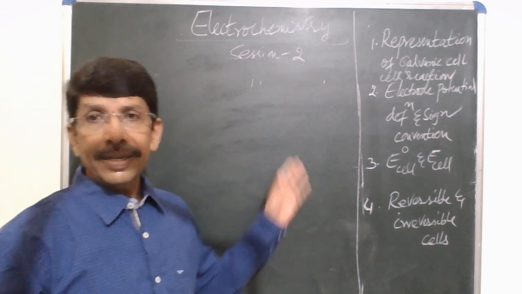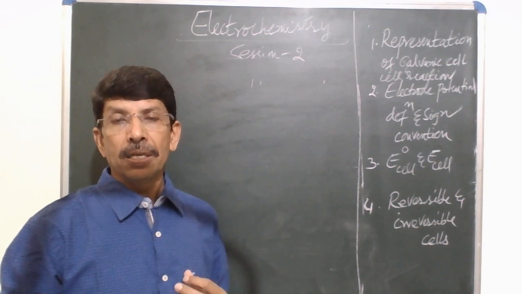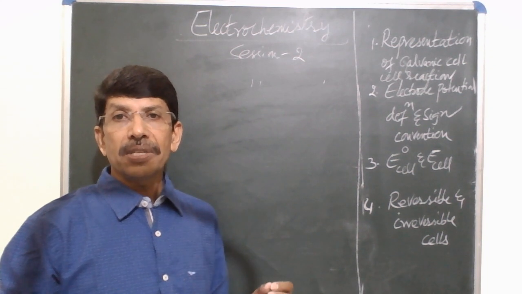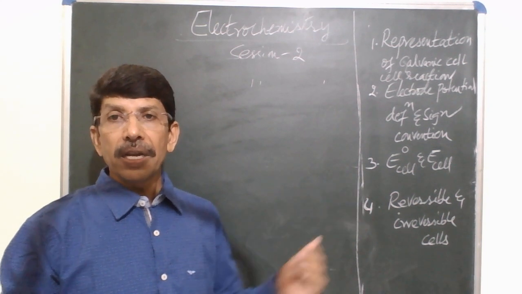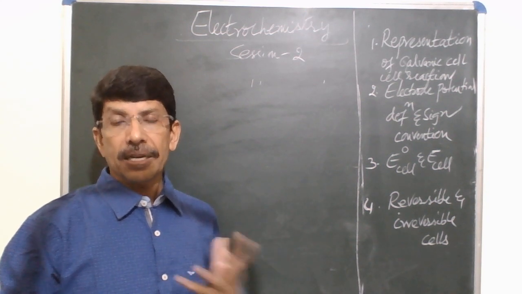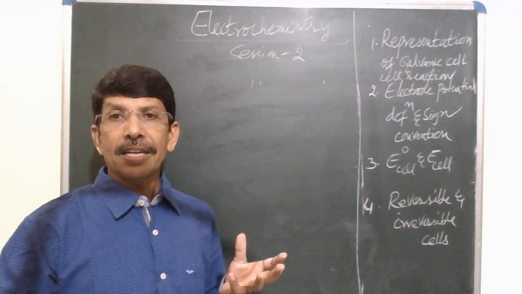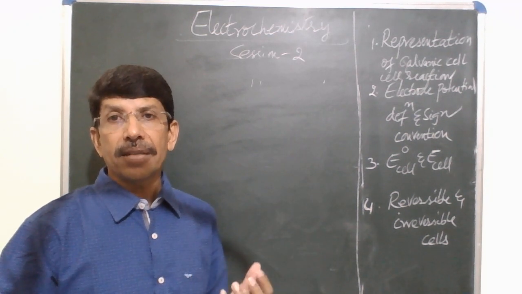Whatever I discussed are examples of metal ion electrodes, because a metal is in contact with its own ions. Zinc in contact with Zn2+, silver in contact with Ag+. For a gas electrode, hydrogen gas is passed into a solution containing H+ ions like HCl.